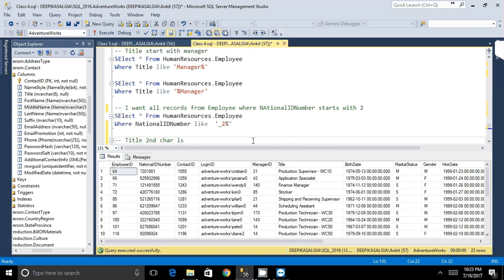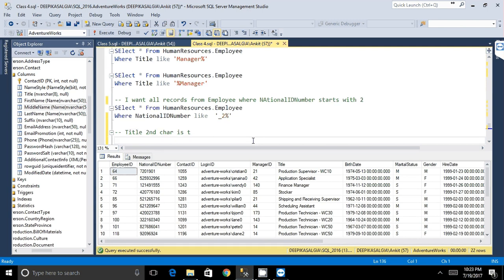The second character is T. What would you do? Yep, underscore, T, then percent. So same thing, all I did is apply it on the title.